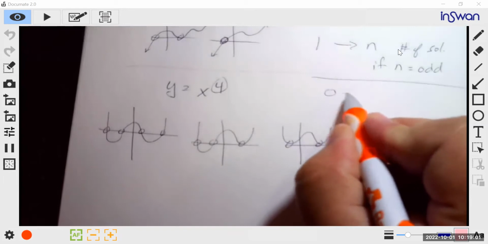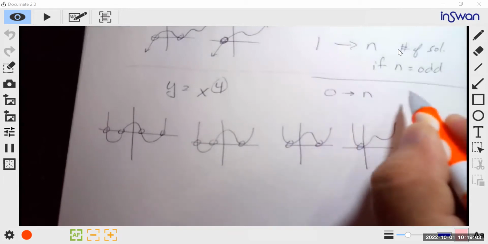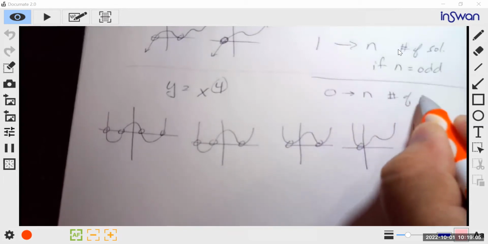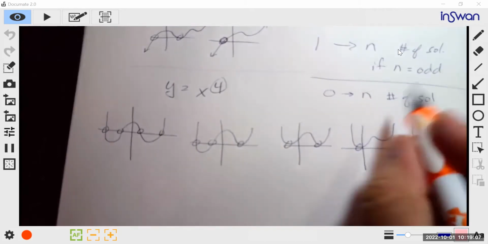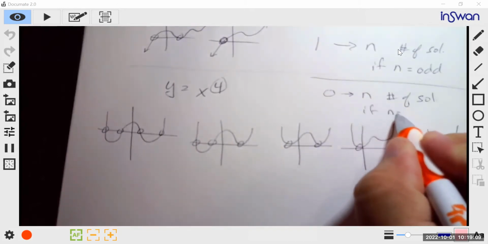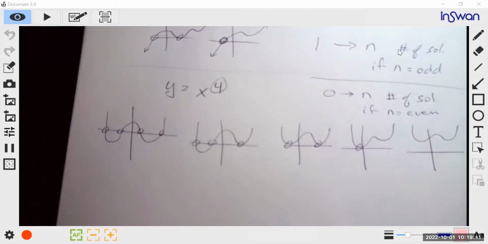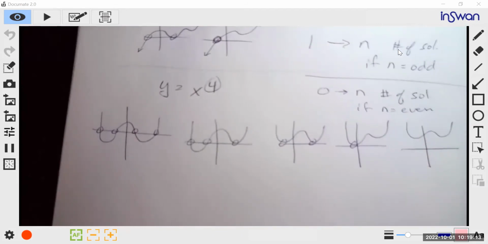So we can go all the way from 0 to n number of solutions if n is even. Because if they point the same direction, I can move them either above or below the x-axis and never touch it. But if the degree is odd, then it has to pass through the line at one point.